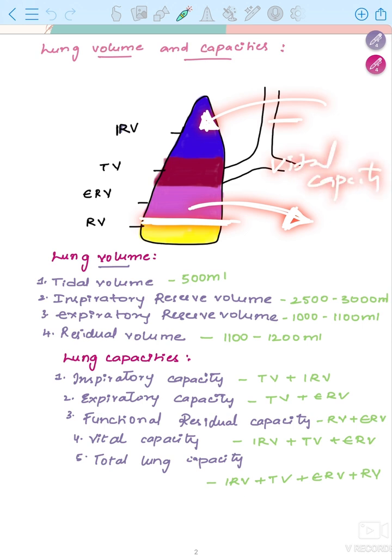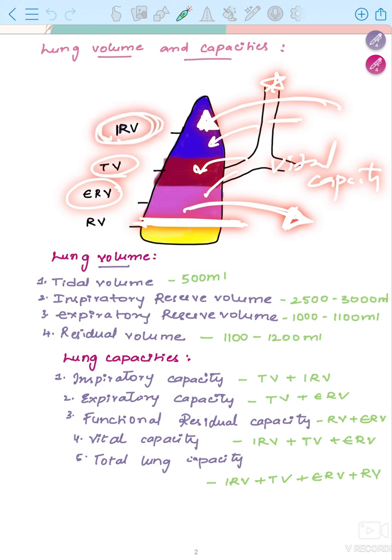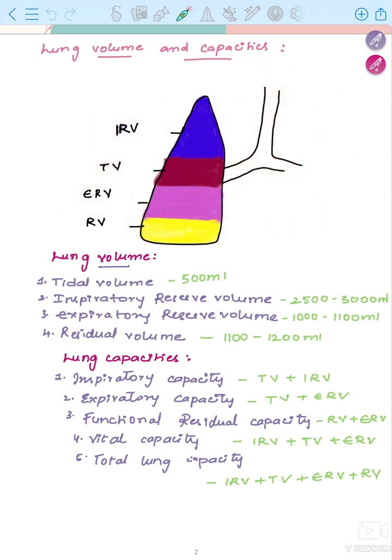ERV will be inspired first, then tidal volume, then forcefully the inspiratory reserve volume will be inspired. So either way, the formula is inspiratory reserve volume, tidal volume, expiratory reserve volume.